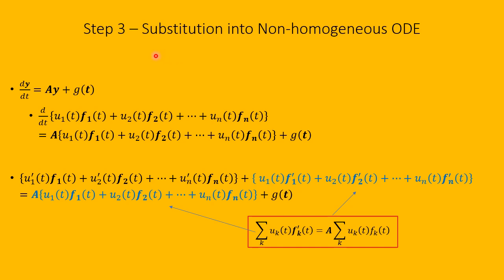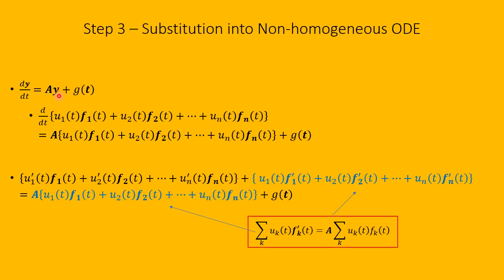So now, assuming that we have already solved the homogeneous problem, how do we solve the non-homogeneous ordinary differential equation? So let's look at the non-homogeneous equation, that the derivative of y with respect to t equals matrix A times y plus g of t.